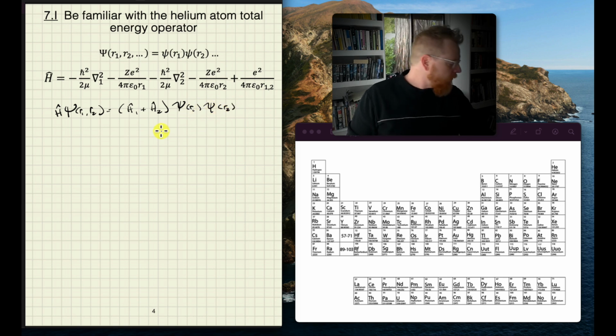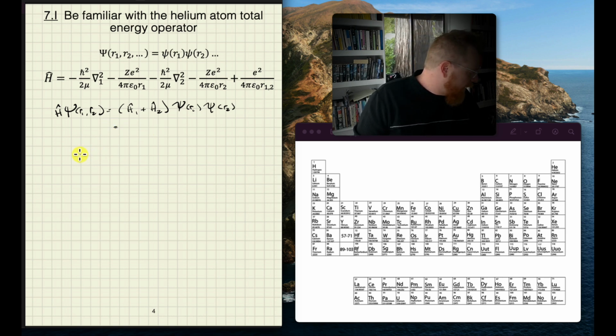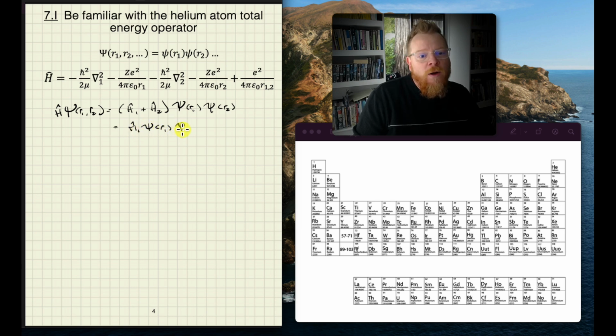Okay. So now if we distribute this through, we're going to end up with the following. I've got H1 distributed through to psi R1 times psi R2, and then H2 distributes in the same way to psi R1 and psi R2.